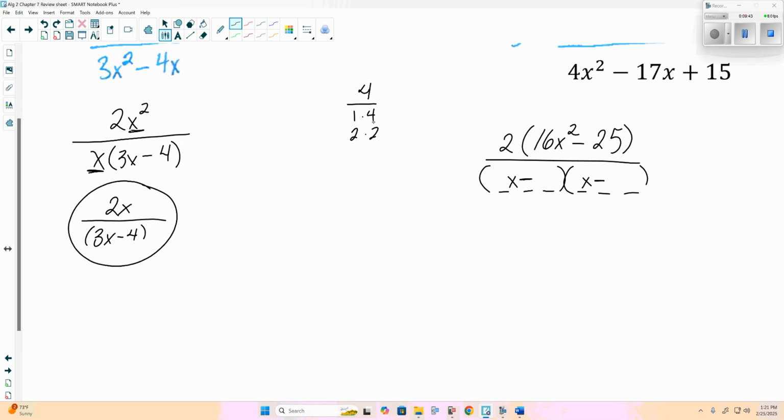Which one do we want to try first? Okay, 4 and 1. Factors of 15: 1 and 15, 3 and 5.